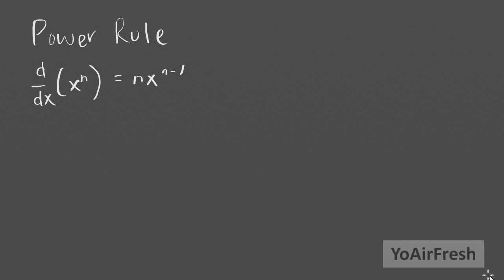Let's go through a couple examples here. I think that going through these will give you a pretty good idea of what we're doing. So x to the third, using the formula, I'll give you a second to guess it, and you can do it this fast. The 3 goes in front, 3x, and then it's n minus 1, so 3 minus 1, which is 2. 3x to the second.